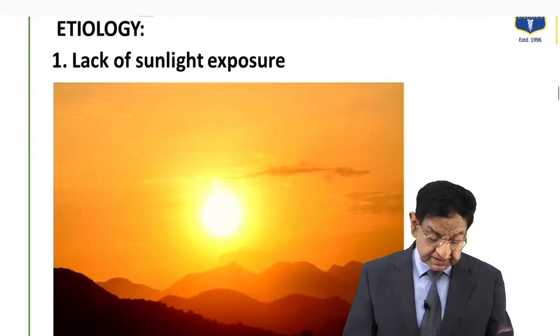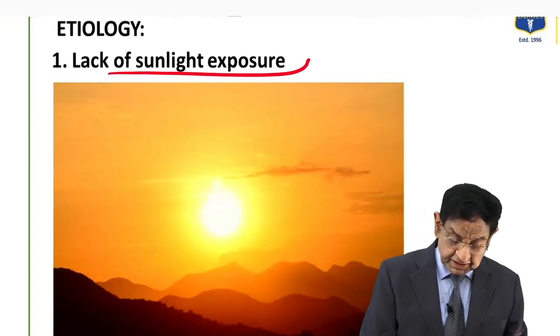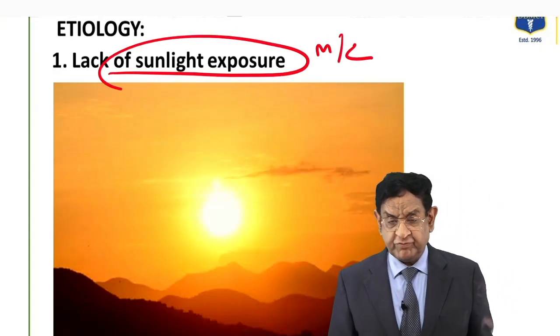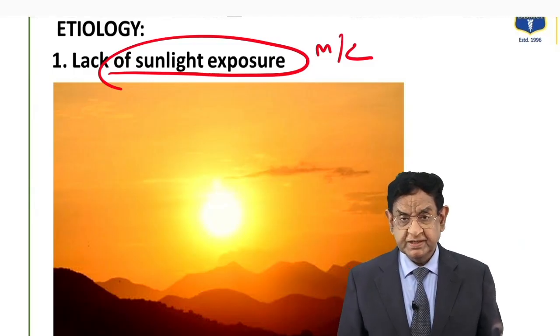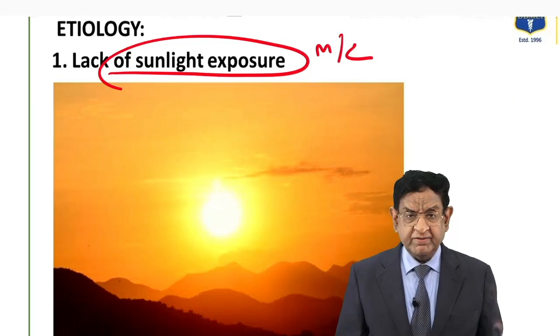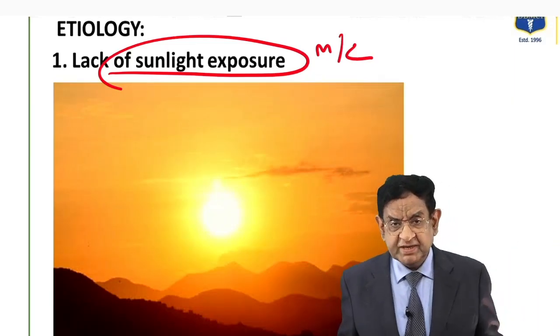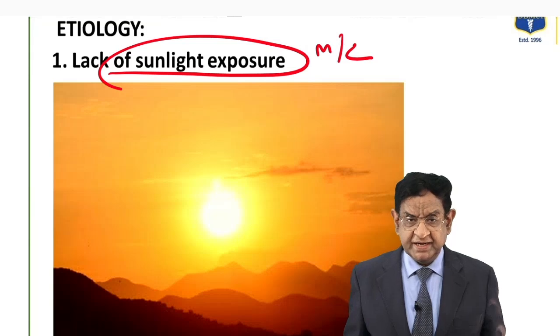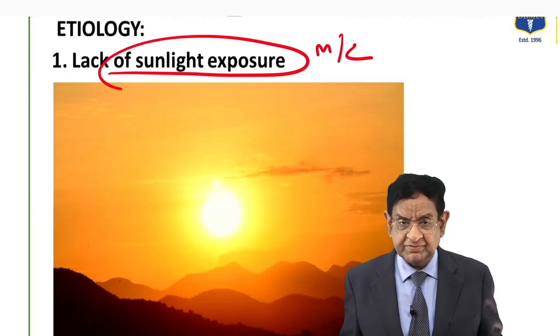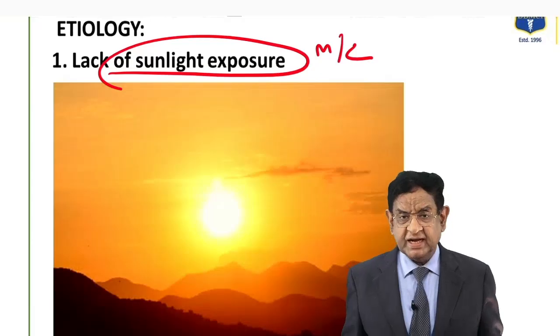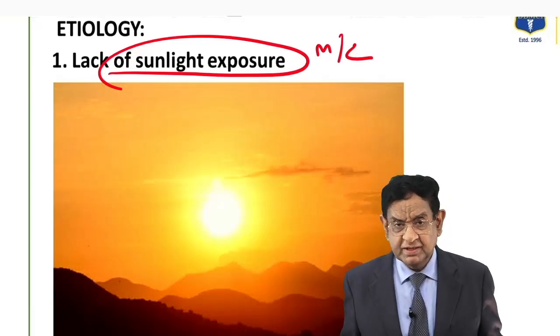Lack of sun exposure is the most common cause in the affluent countries. The reason being, nowadays sun exposure is very minimal. Even in countries like India or subcontinent countries where sunlight is in plenty, we still hardly get any sun exposure. Why?